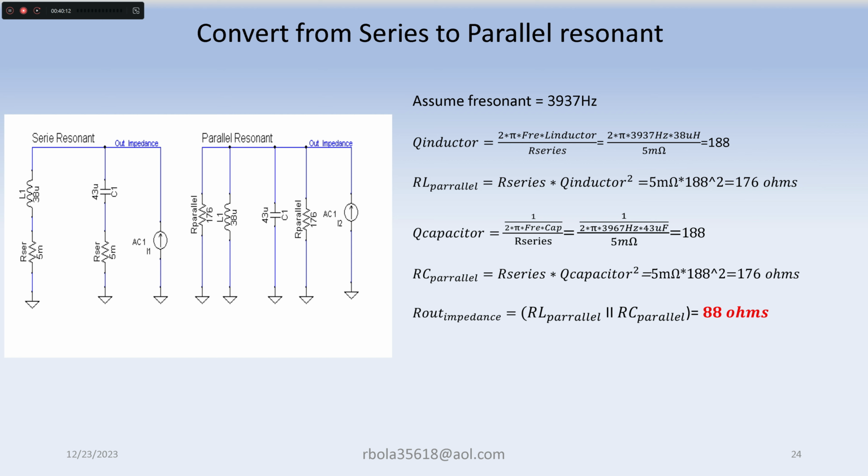Now, this is all assuming that at resonance, and resonance is at 3934. What I did is I separated the ESR from the inductor and from the capacitor, and these are actually series resonant.